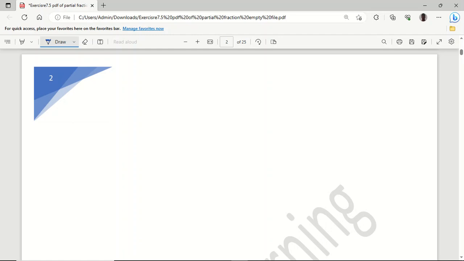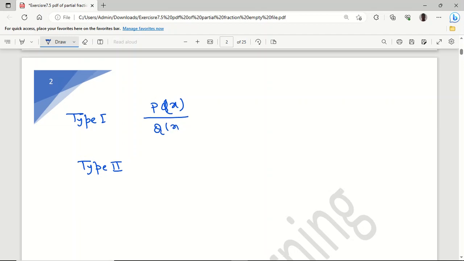A rational function can be of two types. First type, p(x) upon q(x), in this case the degree of p(x) is smaller than the degree of q(x).